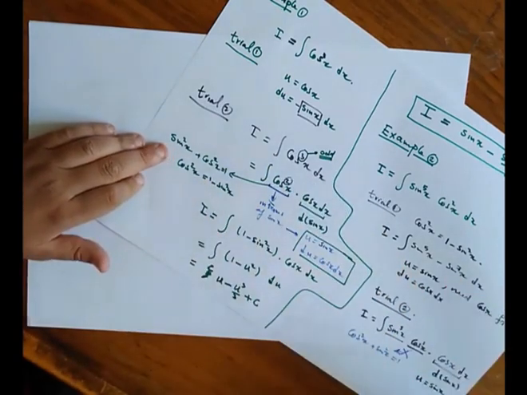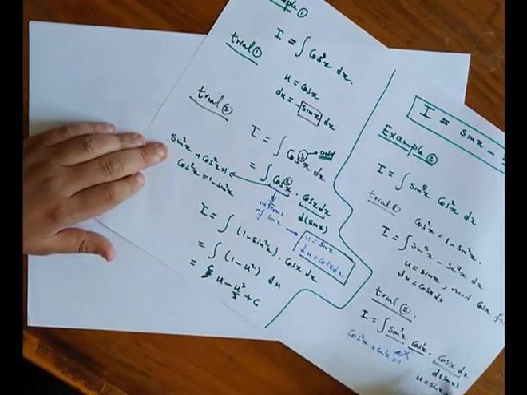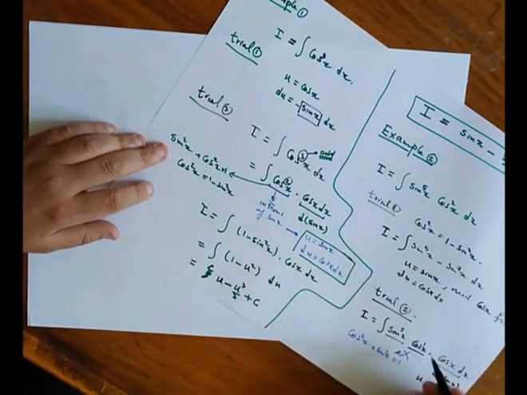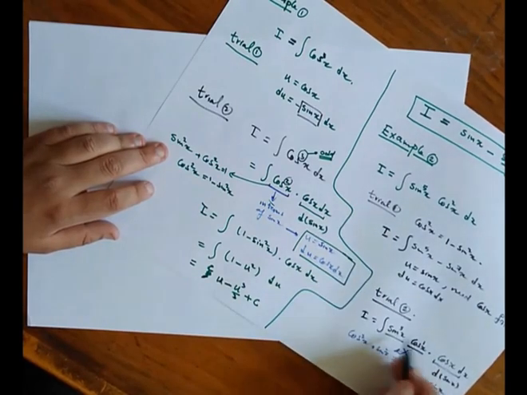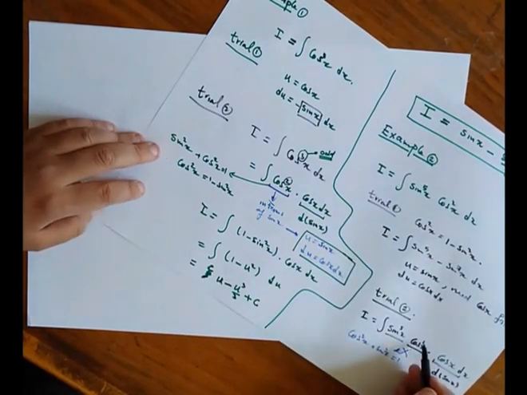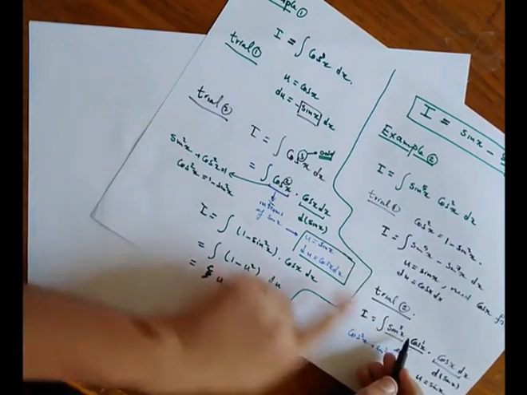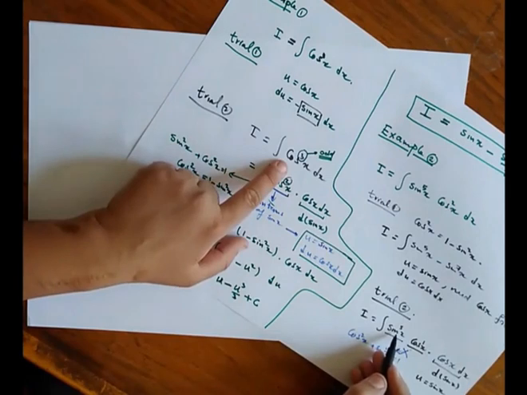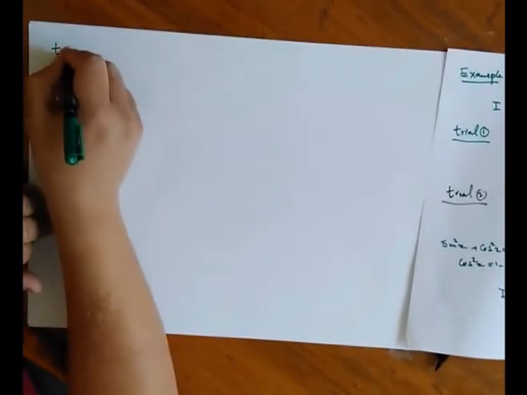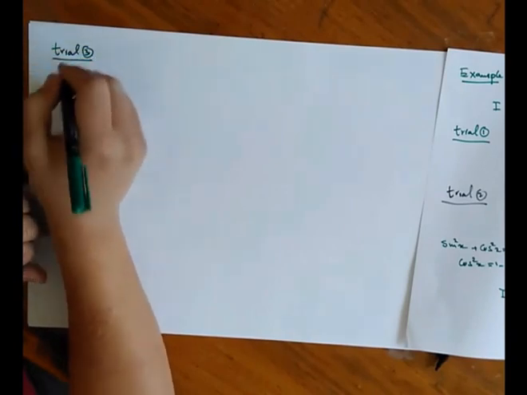But here, when you try to do that with the cosine, the power was even. So when you separate it, you will start with cosine raised to an odd power. Okay, but actually we can try this trick here with the sine, not with the cosine. Okay, let's see it. So our third trial.